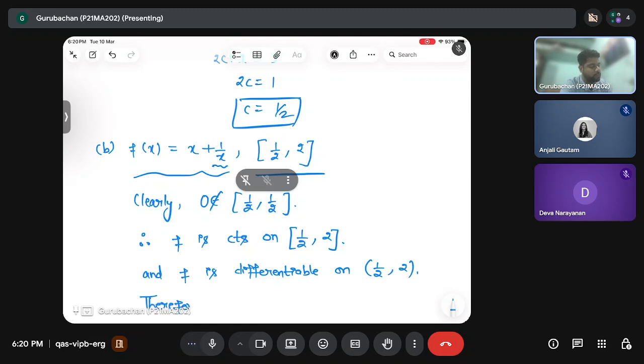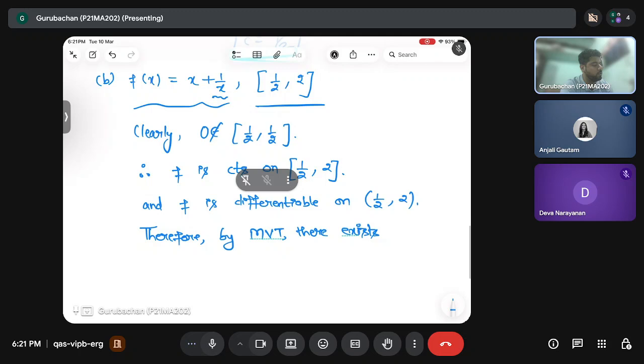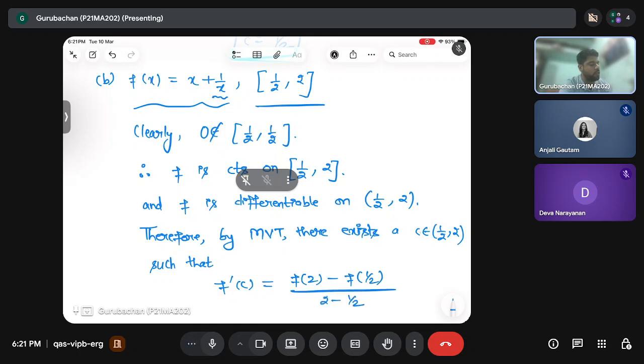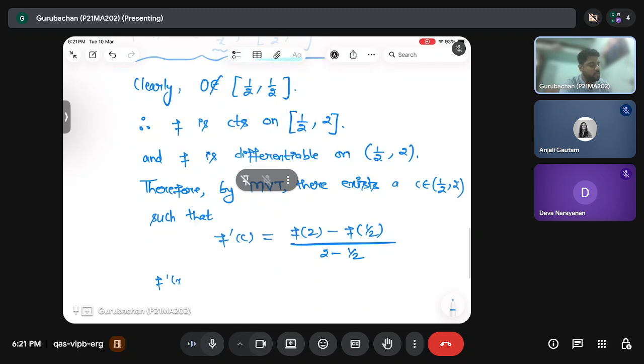Therefore, by the mean value theorem, there exists a C from half to 2 such that f dash C is f of 2 minus f of half divided by 2 minus half. f dash x will be 1 minus 1 by x square.